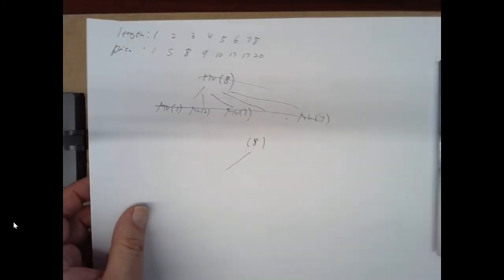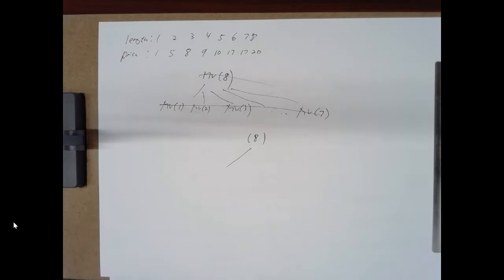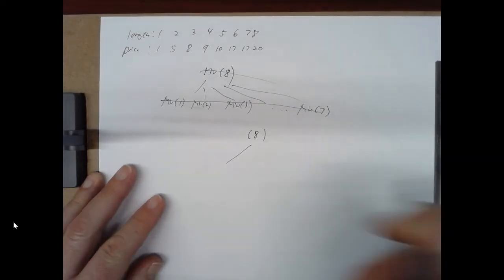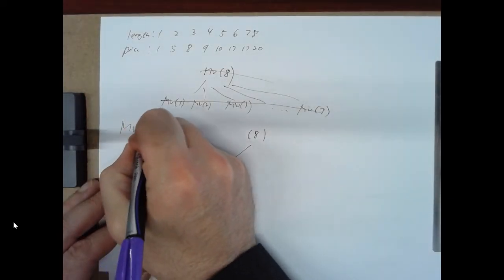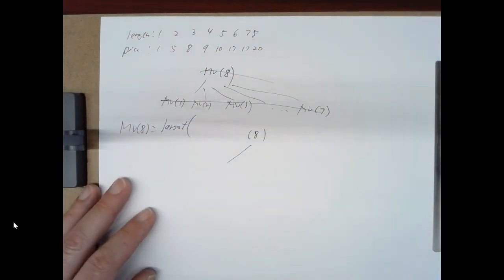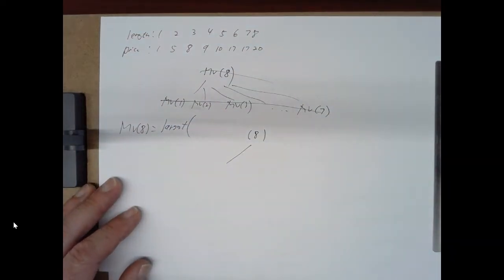But let's see what our max val is. So max val of 8 equals the largest of the following.